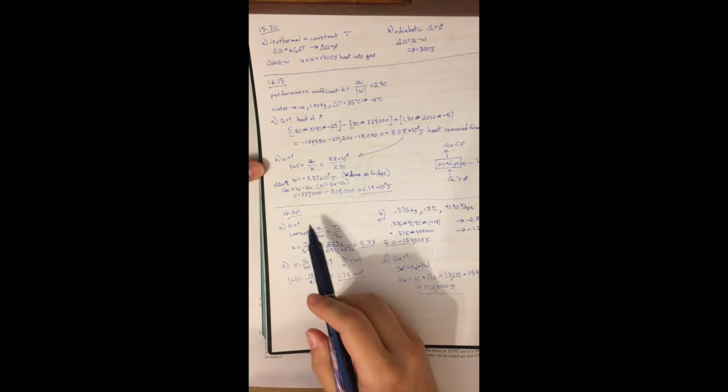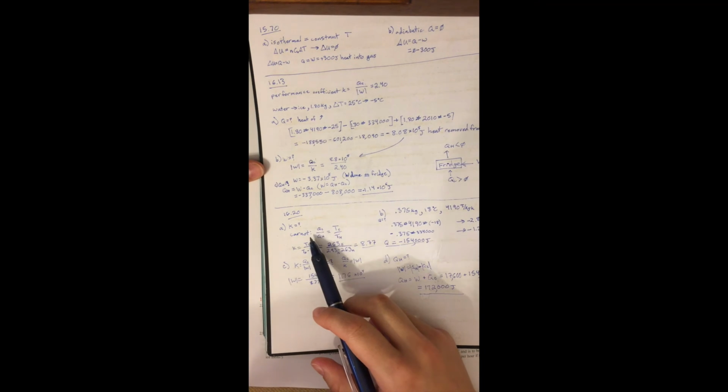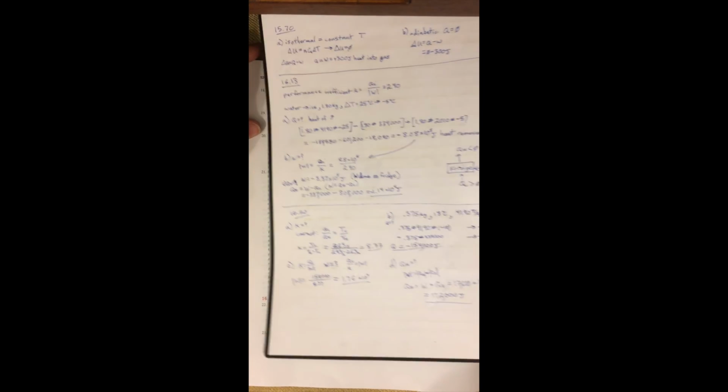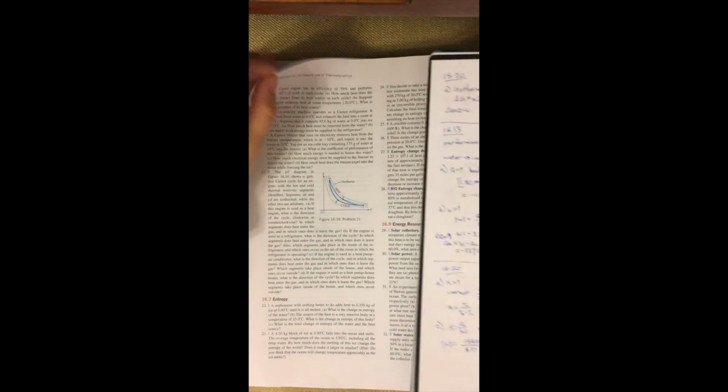A, K equals what? In the Carnot equation, let's go back a couple pages here. If you look at the Carnot equation, you see that the efficiency is 1 minus Tc over Th. If you look at the heat equation over here, the efficiency is 1 minus Qc over Qh.